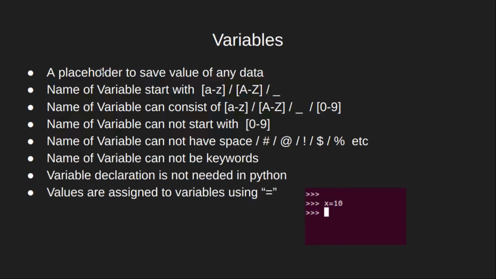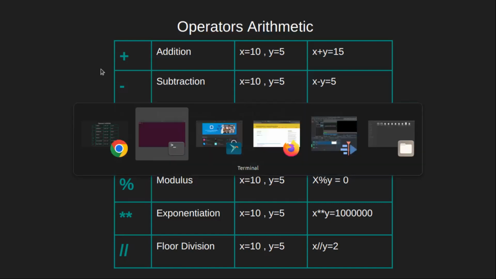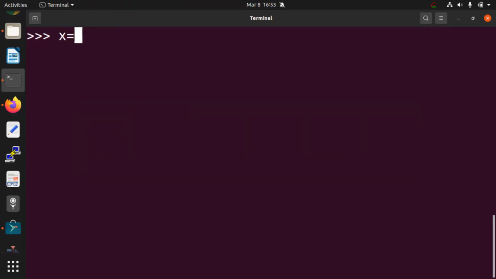Right. So once you have your variables defined, you can perform the standard set of operations on them: addition, subtraction, multiplication, division, modulus, exponential, and floor division. So let's go through each of them quickly. Let's say I assign x is equal to 10 and y is equal to 5. I can perform x plus y and it gives me the answer 15.